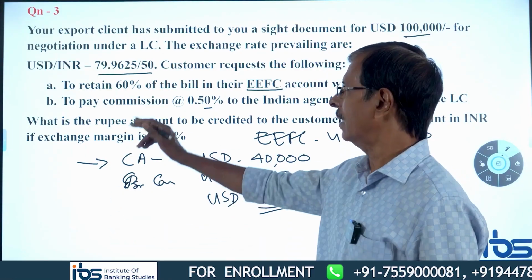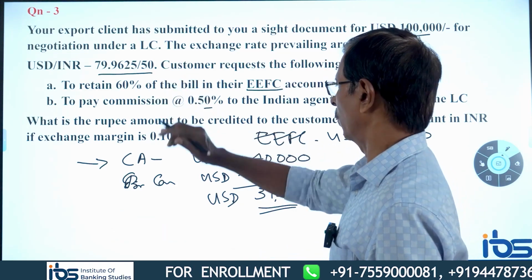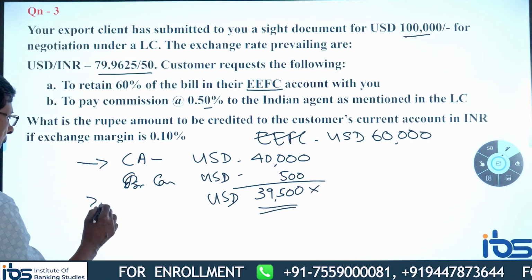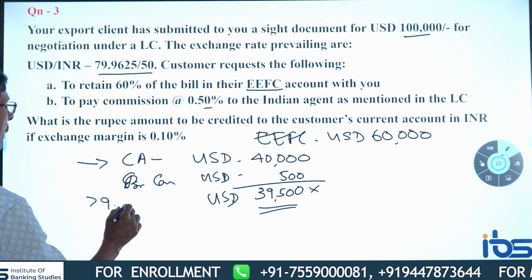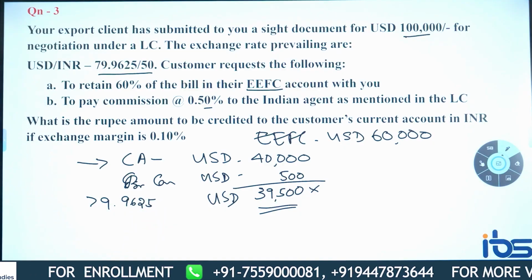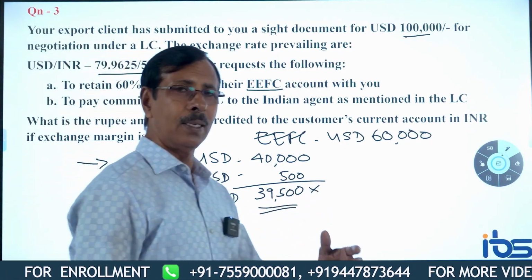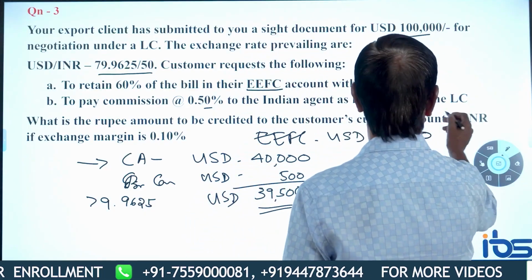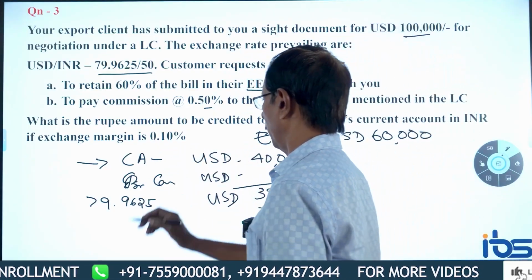And the buying rate here is 79.9625. So the buying rate for the bill is 79.9625. Now, if margin is there, you have to account the margin. Margin is given as 0.1%.